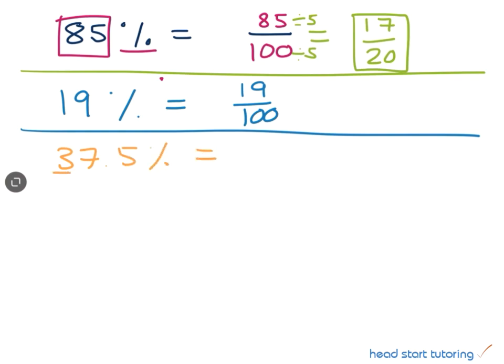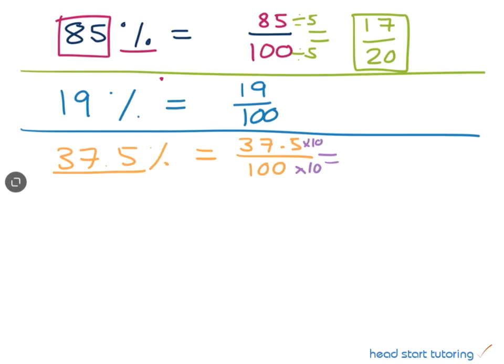37.5%, again, we take our number there, and that will be our numerator, so 37.5, and we put that over 100 to show that that is a percentage. So 37.5 over 100 is our fraction for 37.5%, but obviously we would like to simplify that. It is difficult to simplify when we are working with decimals in our fraction. So what we'd like to do is multiply both our numerator and our denominator by 10 so that we end up with whole numbers.